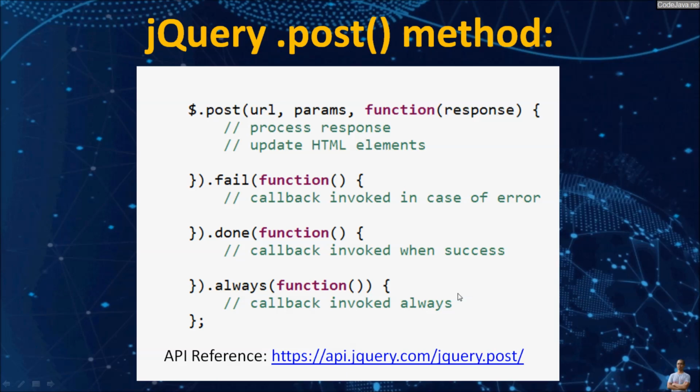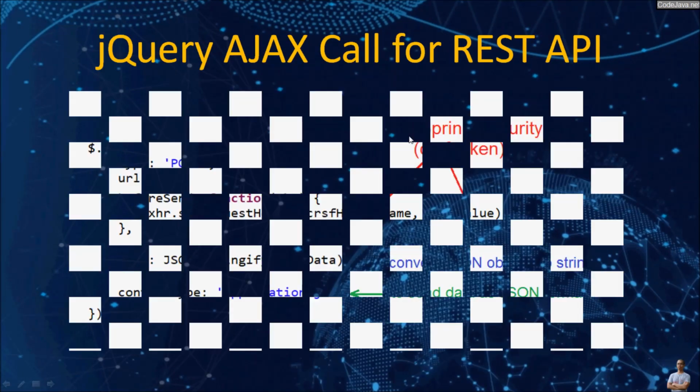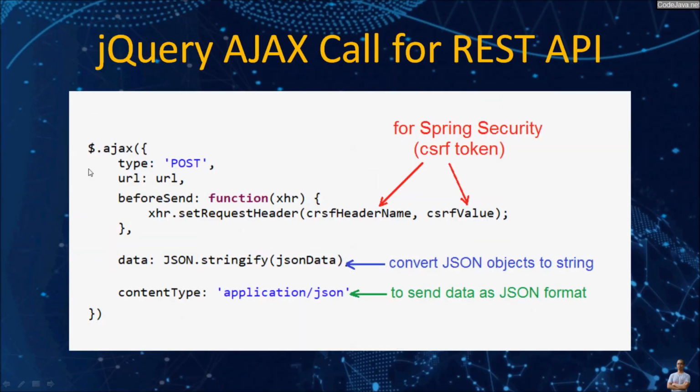And to make an AJAX call to a REST API that handles HTTP post method, we can use the dot post method from jQuery with this syntax: URL, parameters, callback function. But for a Spring Boot project, it's better to use the AJAX method with type post and to pass Spring security.